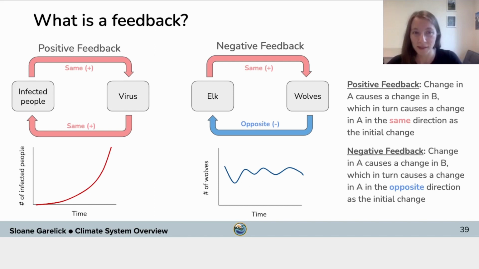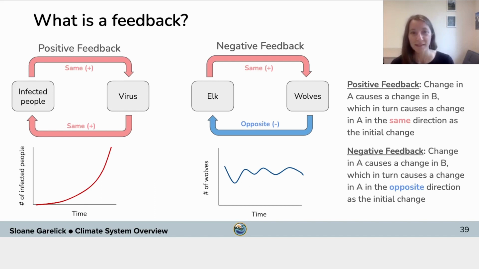An example of a positive feedback could be the relationship between the number of infected people and the amount of a virus. For example, if there's an increase in the number of infected people, there will be more of this virus that can spread. And since there's more of the virus available to spread, we end up with more infected people.